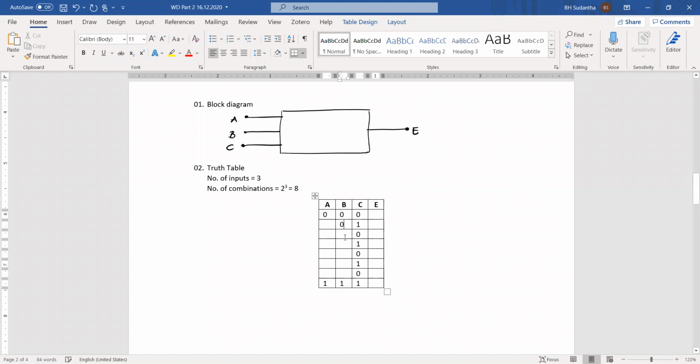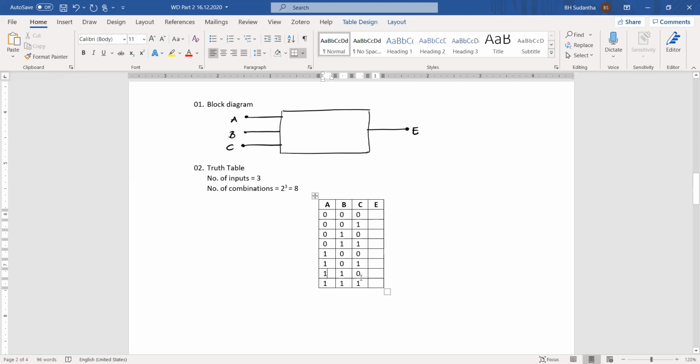Here it is 2 zeros, 2 ones. And for the third column it is 4 zeros, 4 ones. If you are okay with that, then you can write that this is 0, this is 1, this is 2, 3, 4, 5, 6, 7.